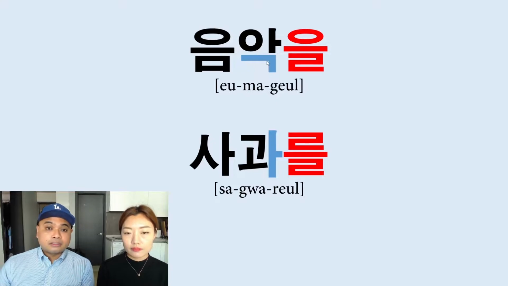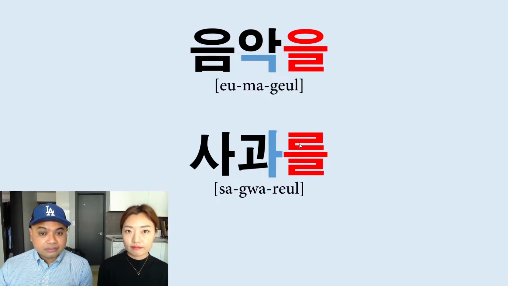Umak ends with a consonant, so we need to use 을. 사과 ends with a vowel, so you need 를. So you need to look at the last letter and see if it's a consonant or a vowel. If it ends with a consonant, you add ul. If it ends with a vowel, rul, right? So just remember, this is how you use them, okay?